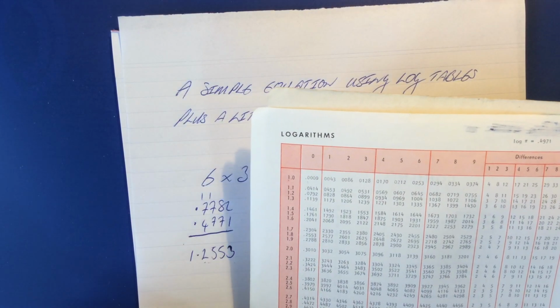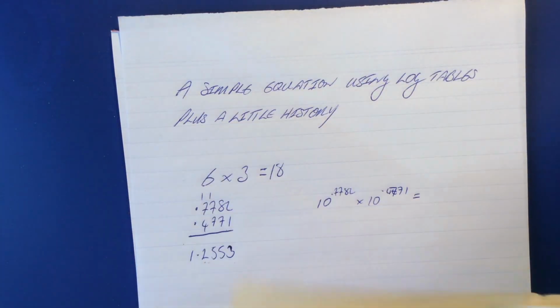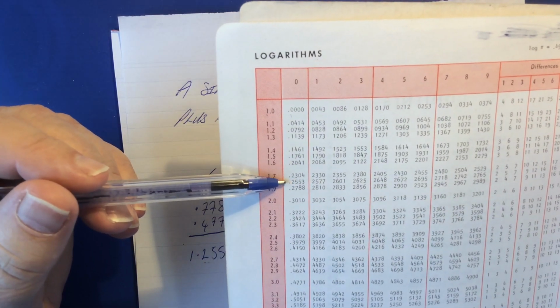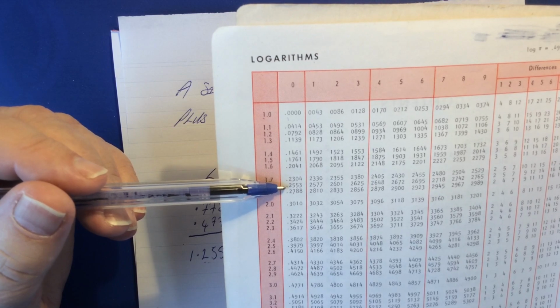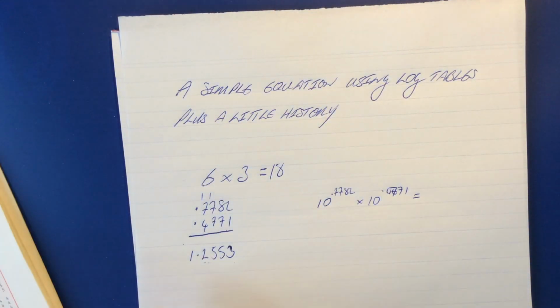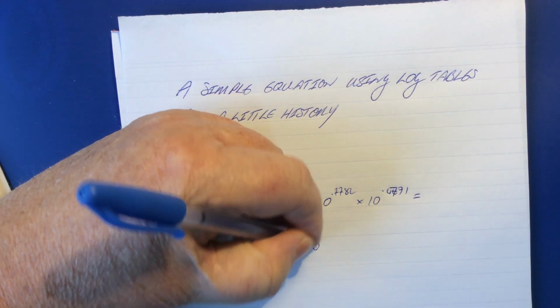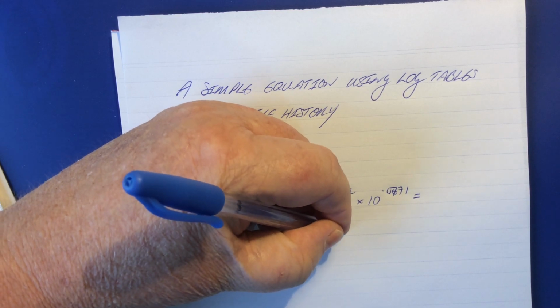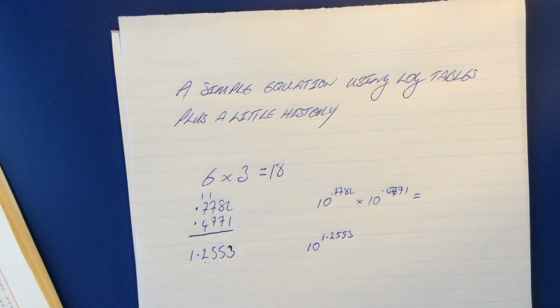Note that this runs from 1 to 10, so 18 is not in here, but 1.8 is. It's there. And there's our number, 0.2553. So, what's with this? Well, what that does is it takes it from being 1.8 to being 10 to the power of 1.2553.